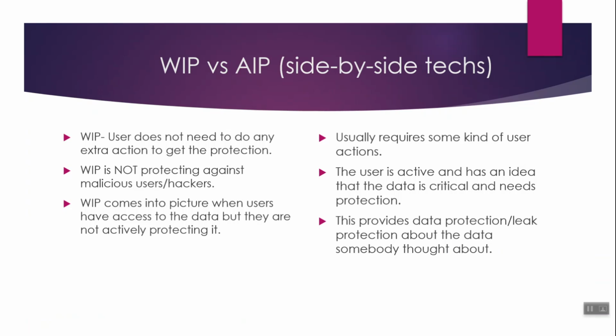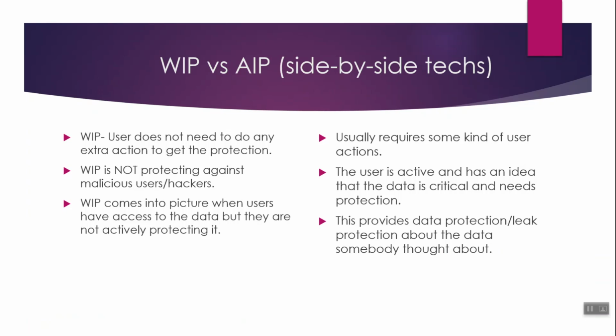They are not each other's replacement, but ideally we would make a WIP policy, and in the policy itself we have a tab, an option to enable the AIP, that is Azure Information Protection, and use the AIP policy which we have made in a separate page.